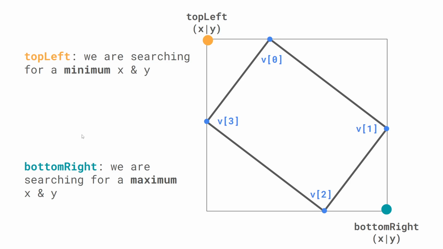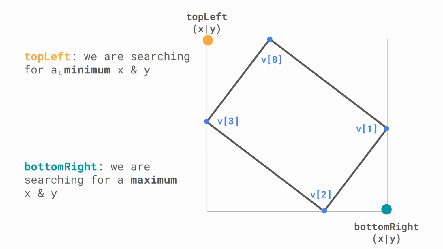Okay, how can we do that? It's actually pretty simple. We need to iterate through every vertex of a polygon, and that means at the very first, we have to set x and y to a really large value.